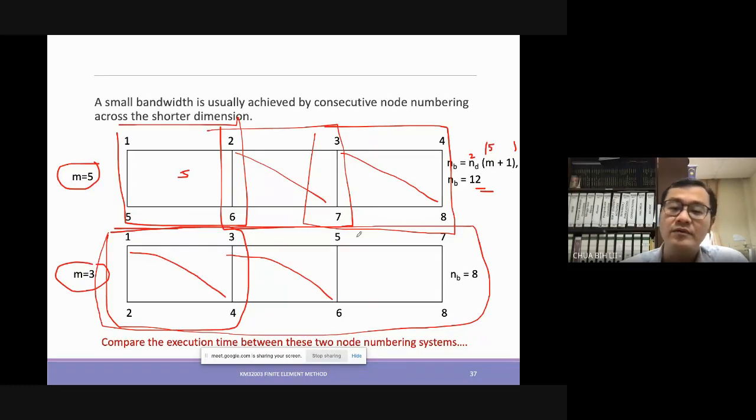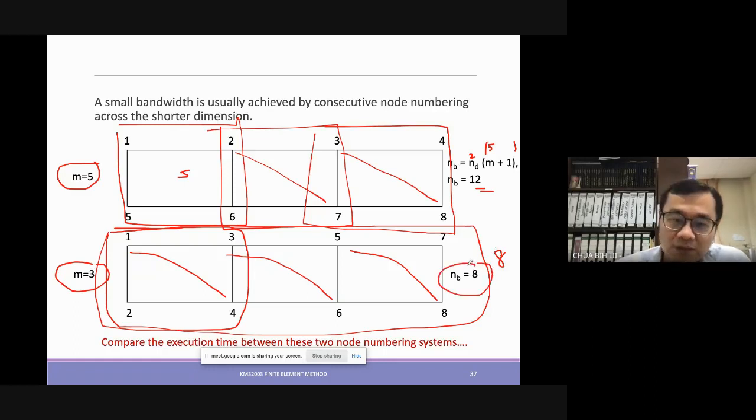Because 4 and 5 difference is only 1, right? So the highest one, the maximum one would be the 6 minus 3. Same thing, the highest one would be 8 minus 5, which is 3. Therefore, using these configurations, the NB will be 8, right? Because 3 plus 1, 4, 4 times 2, 8. Okay, so the NB will be 8.